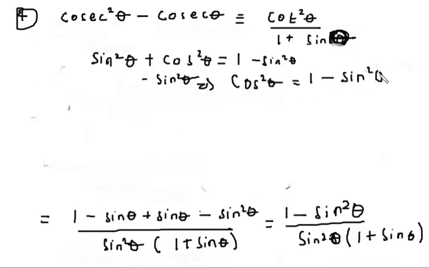So we basically replace 1 minus sine square theta with cos square theta. If you carry this fraction up here, it becomes cos square theta over sine square theta, open brackets 1 plus sine theta.